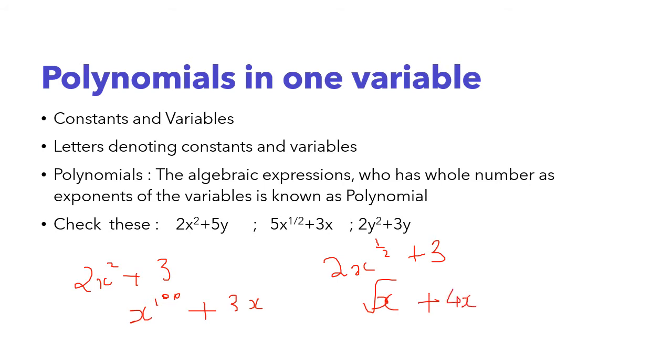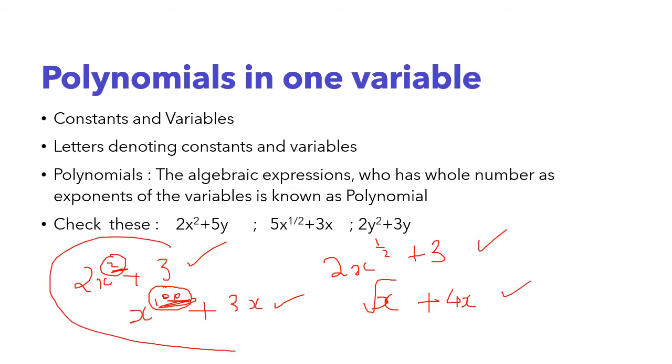The reason is very simple. If you look at the first and third examples that I've given, you can see that the power they are raised to is a whole number. All four of them are algebraic expressions. But in the first and third examples, the power is a whole number.